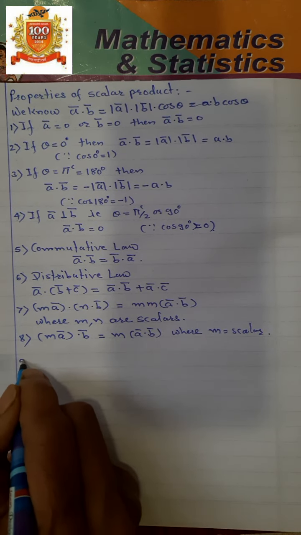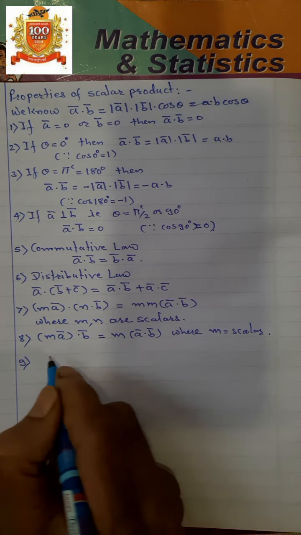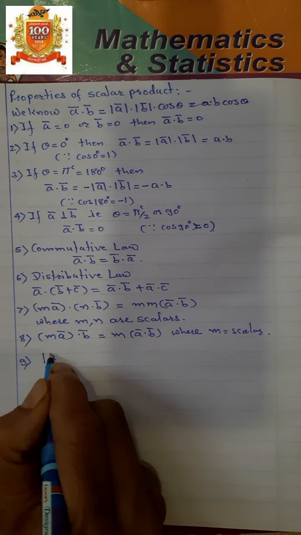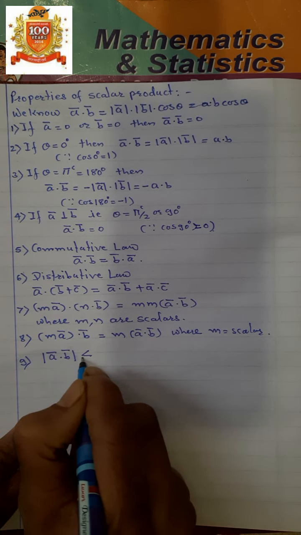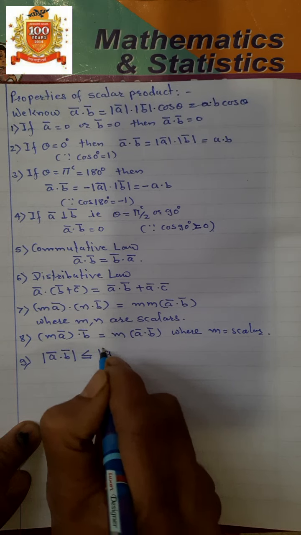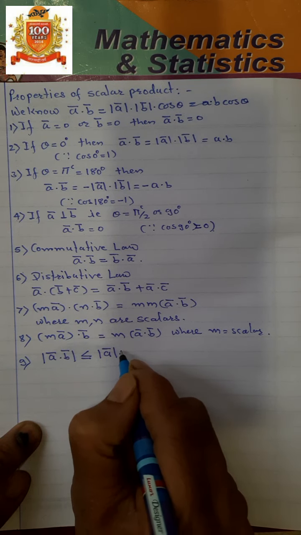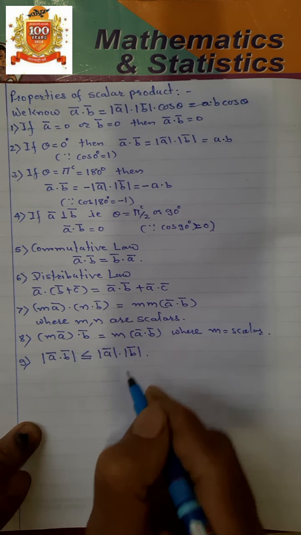And ninth property is mod of a bar dot b bar is less than or equal to mod of a bar into mod of b bar.